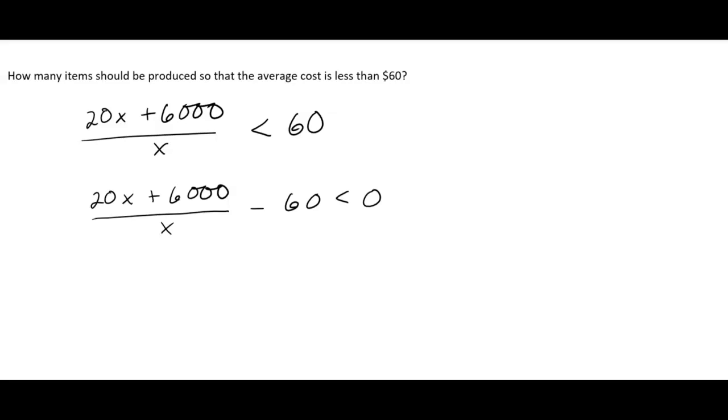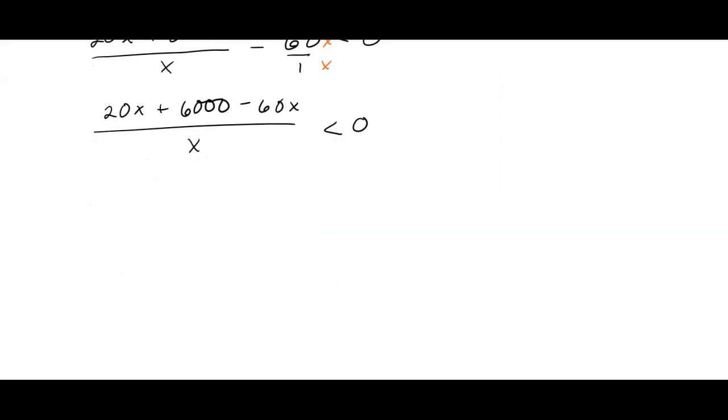Now I'd have to get a common denominator. You can think of it as 60 over 1, so I'm going to multiply by x in the numerator and x in the denominator. Then that's going to give me 20x plus 6,000 minus 60x all over x, and we want that to be less than 0. So now what do I get?